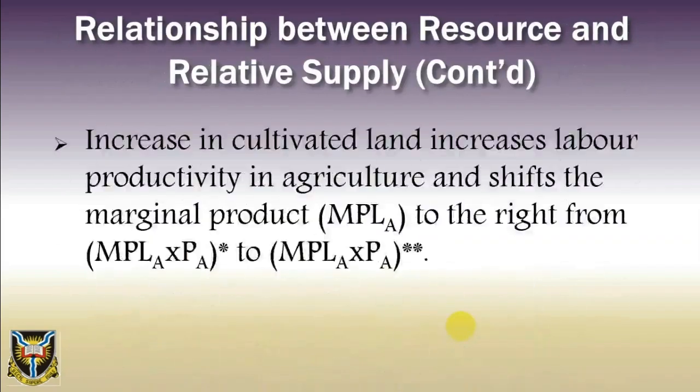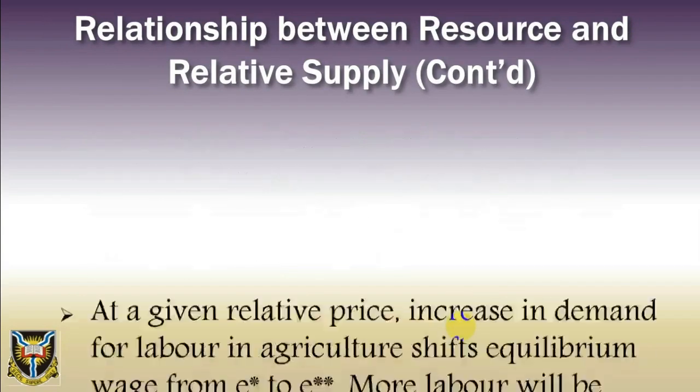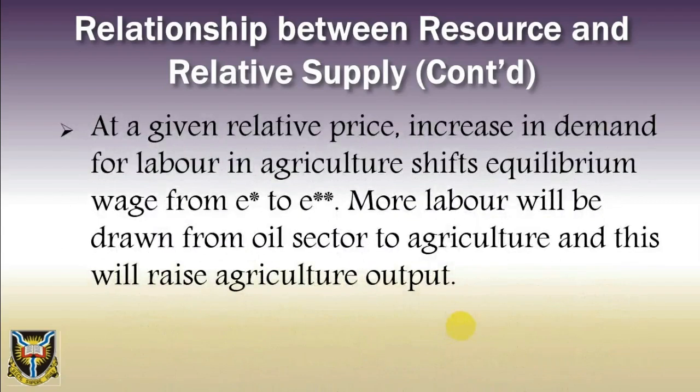Increase in cultivated land increases labor productivity in agriculture and shifts the marginal product MPLA to the right, from MPLA multiplied by PA equilibrium to MPLA multiplied by PA equilibrium 2 at a given relative price.